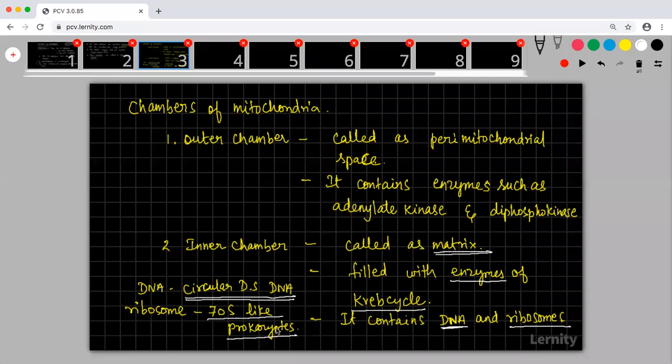From the sperm cell, mitochondria will not go. Okay, so ultimately, the mother's mitochondria only will be there in the egg cell. So naturally, your mother's mitochondria will be got in your body, and in all your cells, your mother's mitochondria only will be there. Mitochondrial genome will be there.